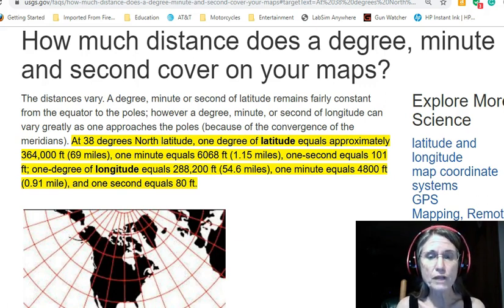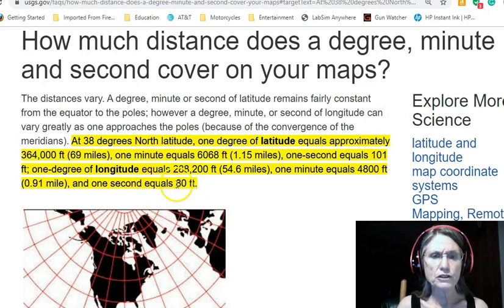Okay. So one thing to take a look at with longitude here. We can see that 1 second measures out at 80 feet. The minute, 60 times that, right? 4,800. The degree, 60 times that.